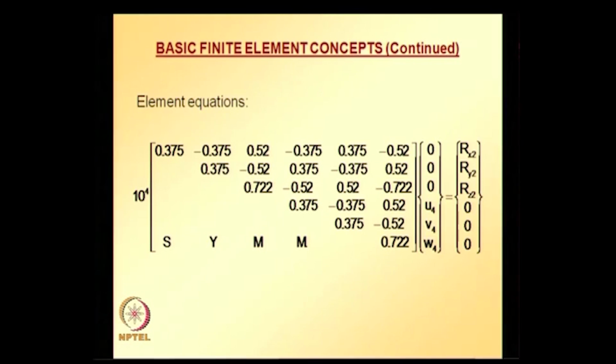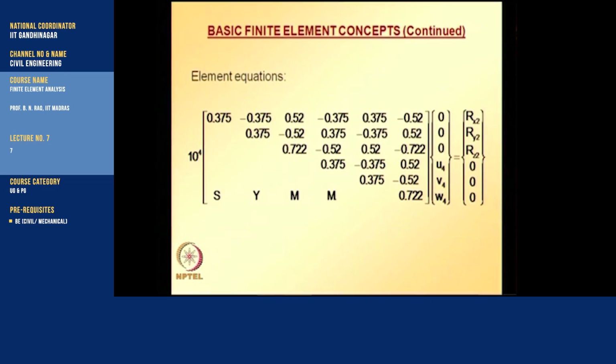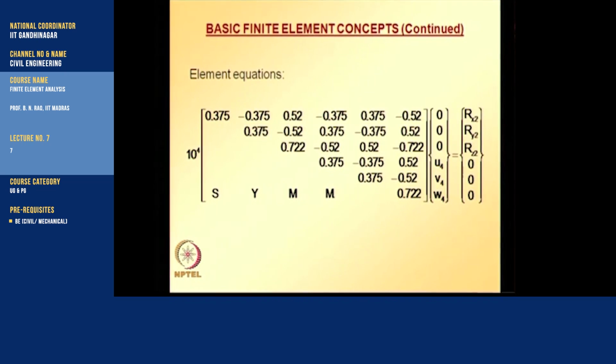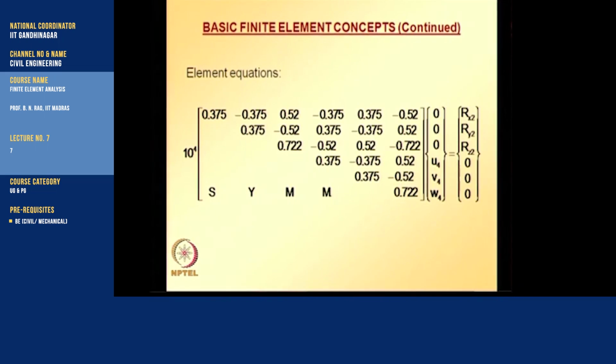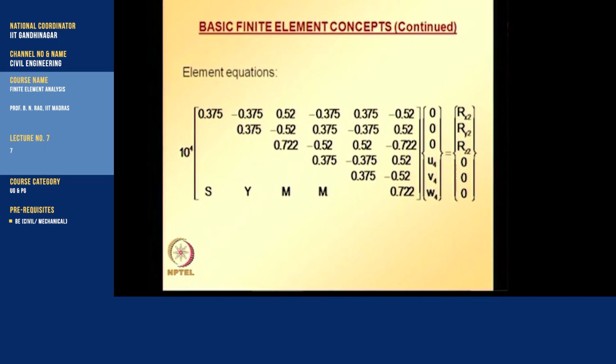As already mentioned, since nodes 1, 2 and 3 are fixed, the corresponding degrees of freedom are 0, and at the corresponding locations in the force vector, reactions will be developed. Those are indicated using Rx2, Ry2, Rz2. Similarly, in the earlier equation we have Rx1, Ry1, Rz1.